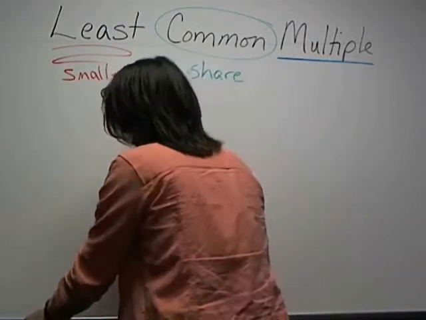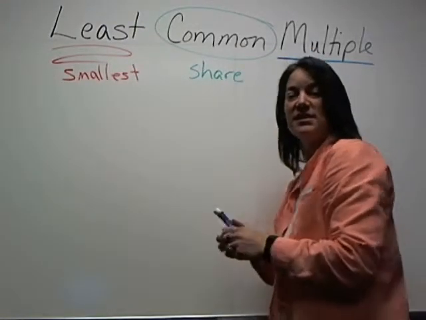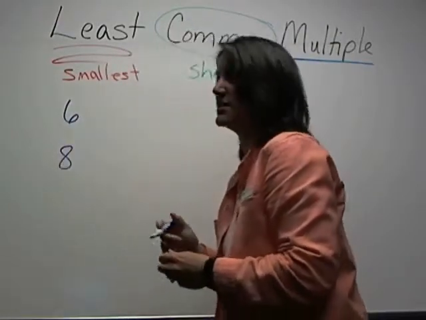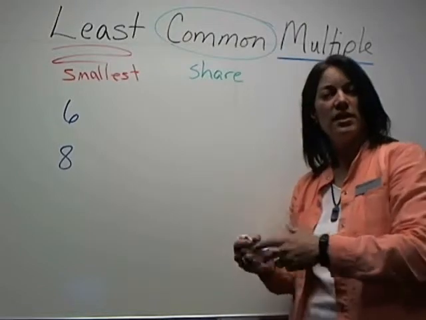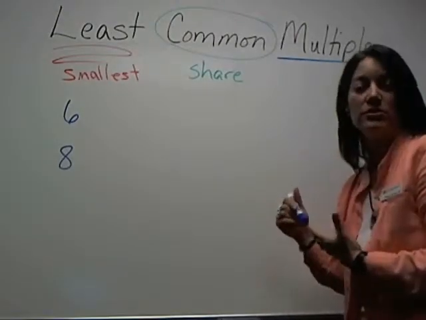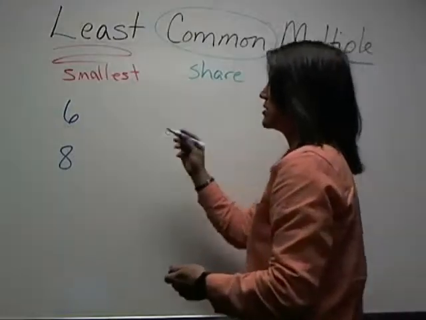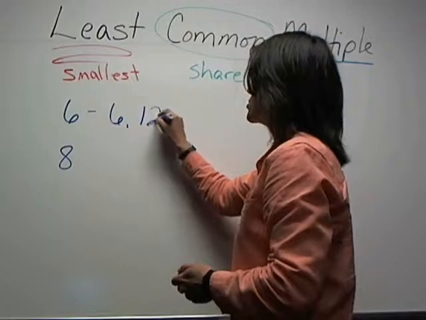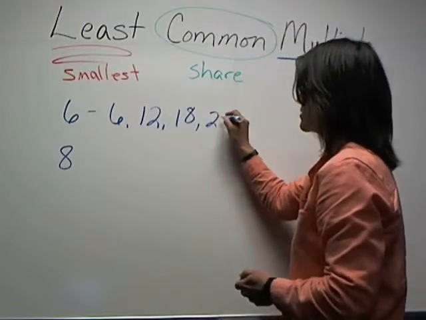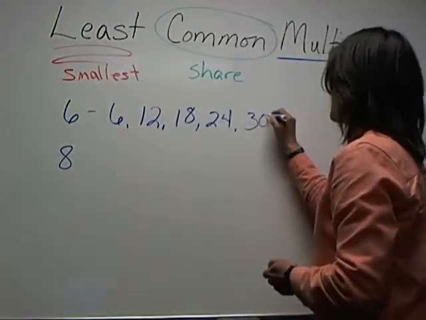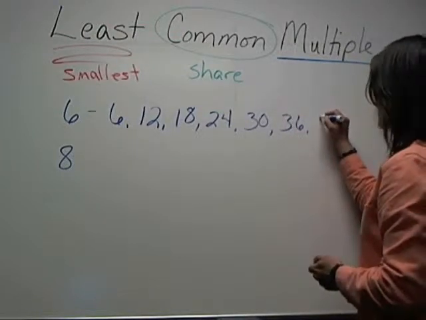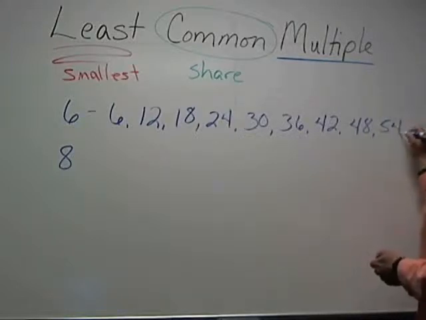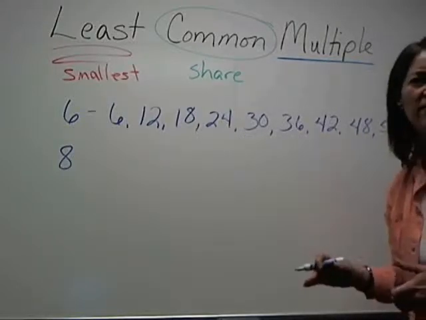So let's just do a fairly easy example of 6 and 8. So what's the common multiple between 6 and 8? Well, one of the ways that you can do that is you can list out all the multiples. Well, obviously not all of them, but you can list out a fair amount of multiples of 6. 6 times 1 is 6, 6 times 2, 6 times 3, 6 times 4, 6 times 5, 6 times 6, 6 times 7, 6 times 8, 6 times 9, 6 times 10, and hopefully that's enough.